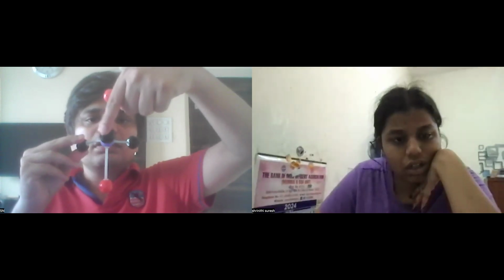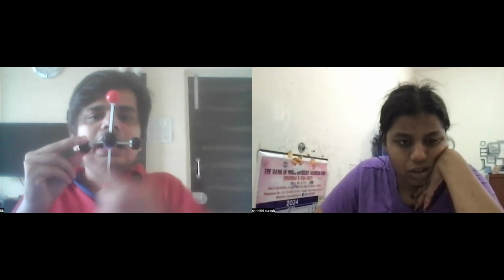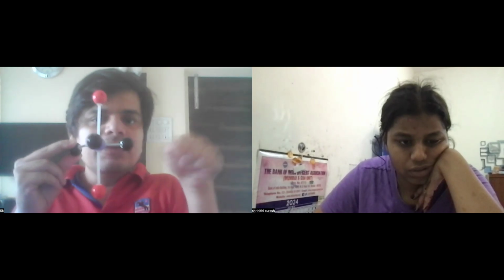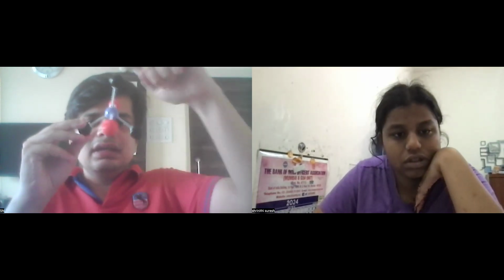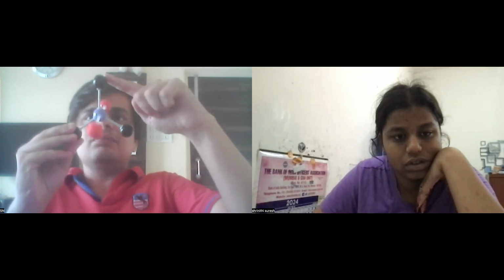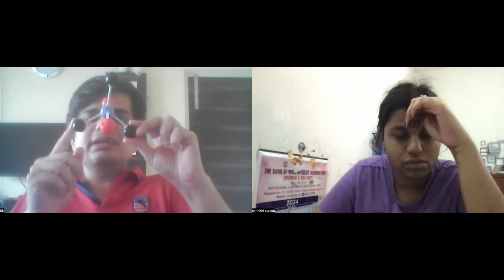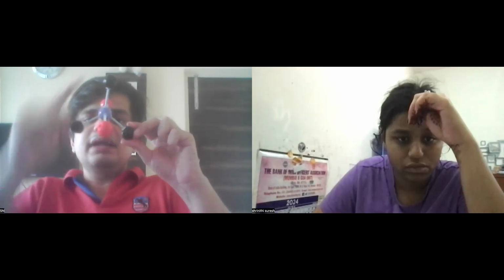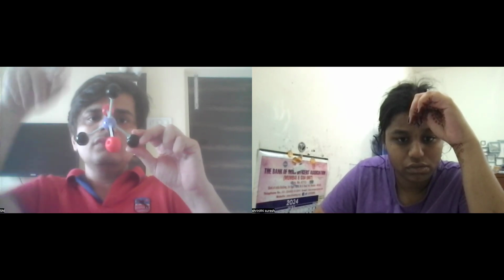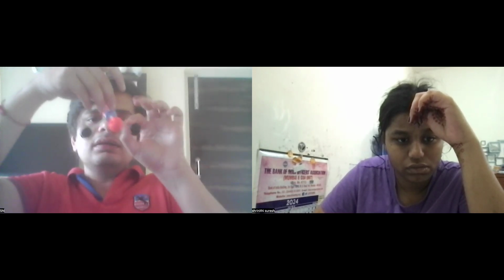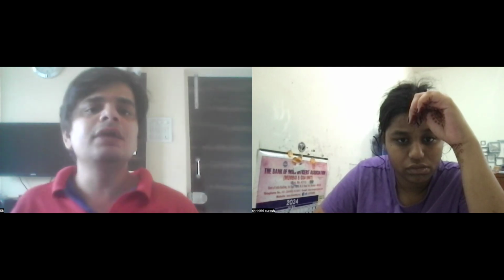See, all these three black color bonds, first, second, and third, they are forming a triangle. Can you see this? If you join this atom to this atom, and then this atom to this atom, and then this atom to this atom, it will form a triangle. So the angle over here will be 120 degrees.